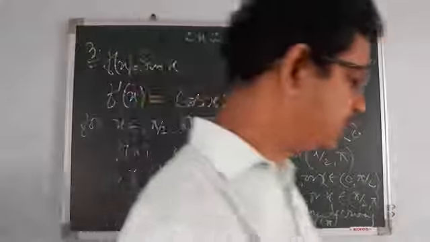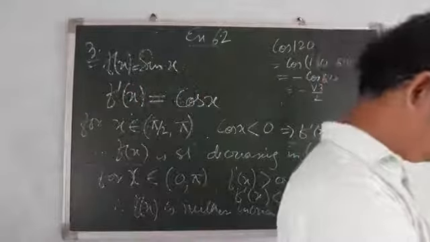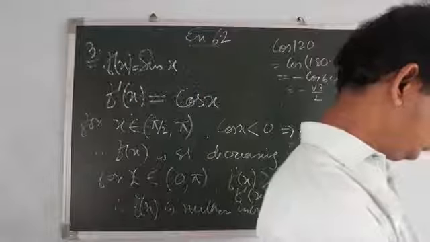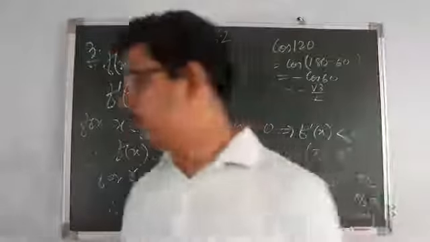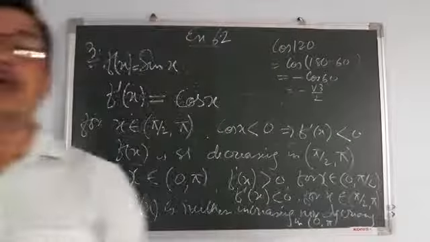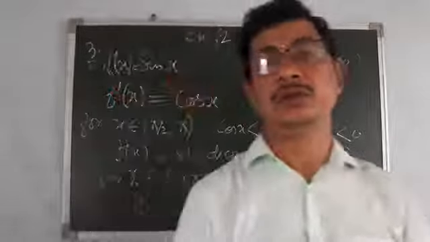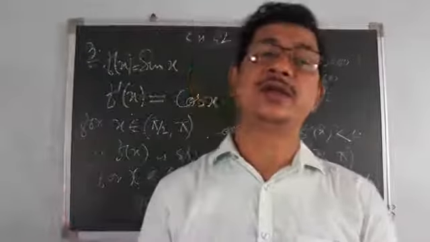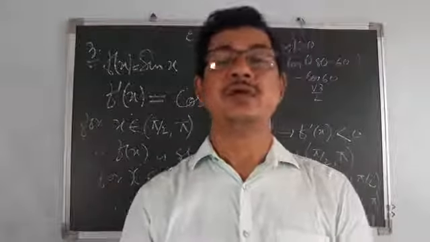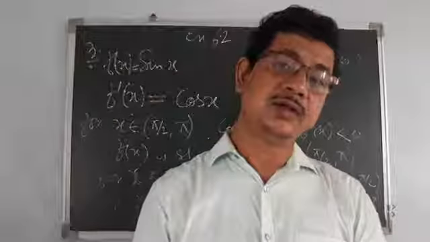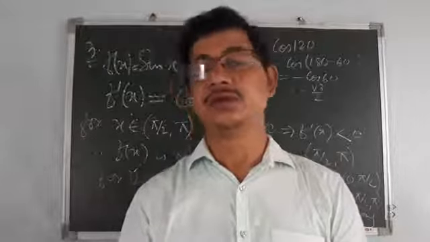Here one part is strictly increasing, another part is strictly decreasing. So student, when we calculate increasing, it means that when the value of x increases, if f(x) also increases, it is increasing. If it is an open interval, then it is strictly increasing; if closed interval, only increasing.